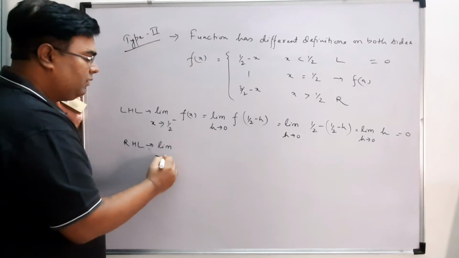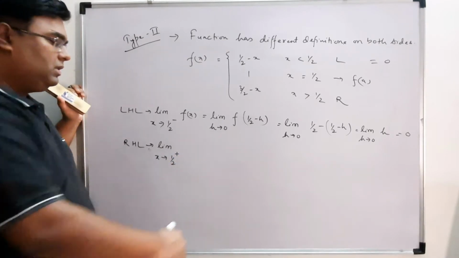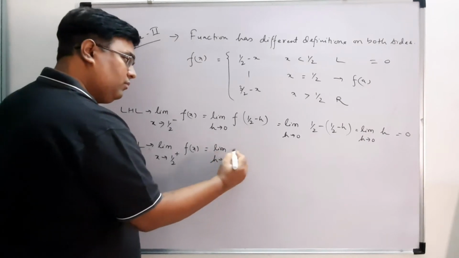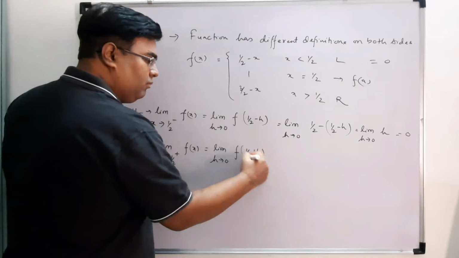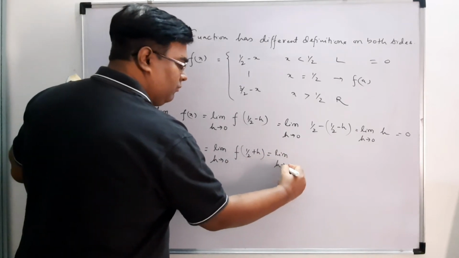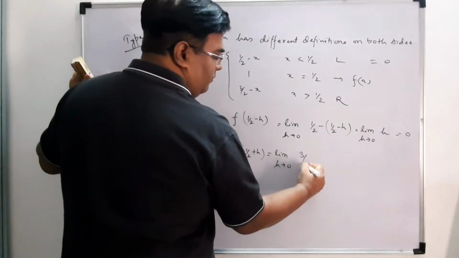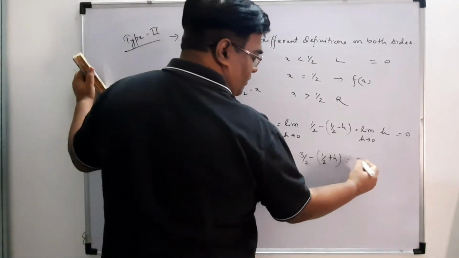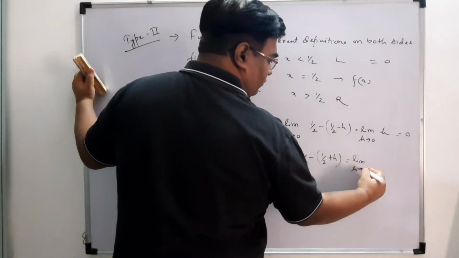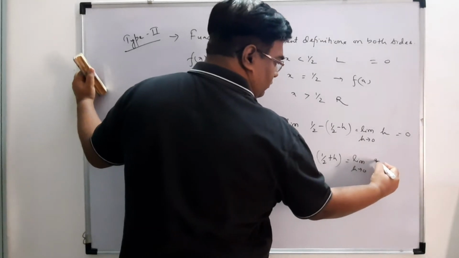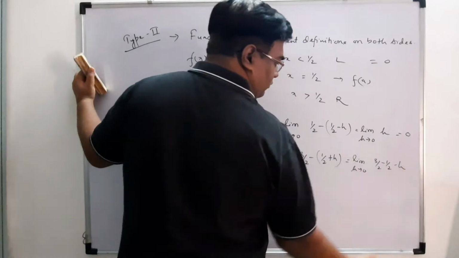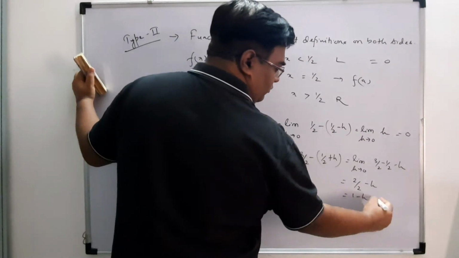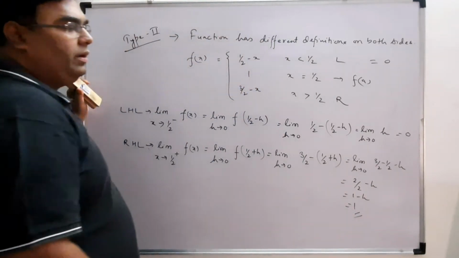Let us find out RHL also. Limit x tends to 1 by 2 plus, right?